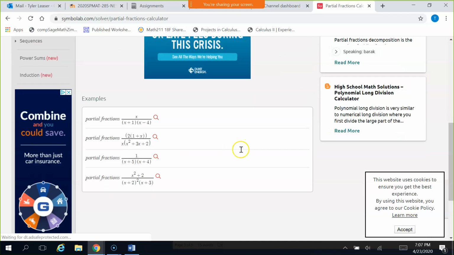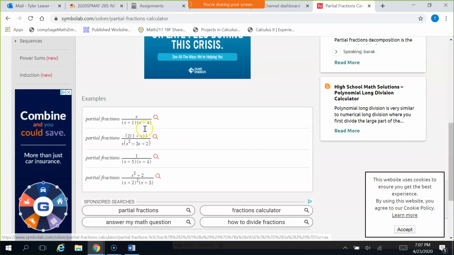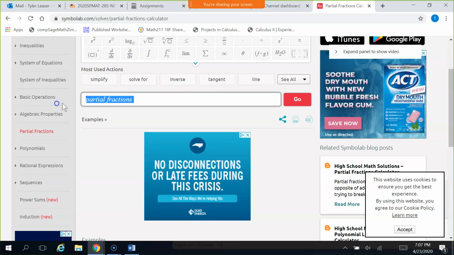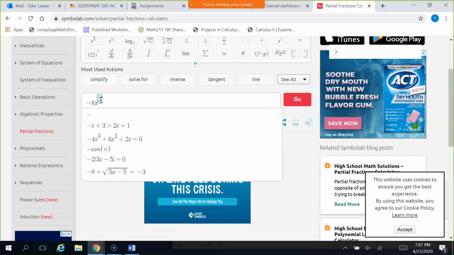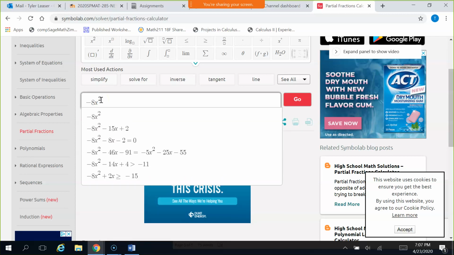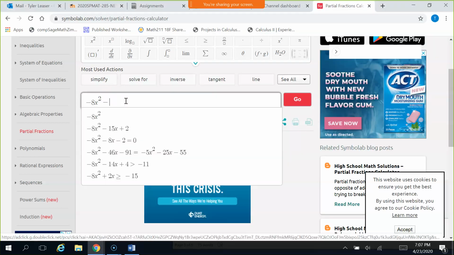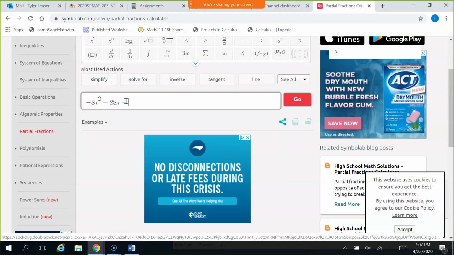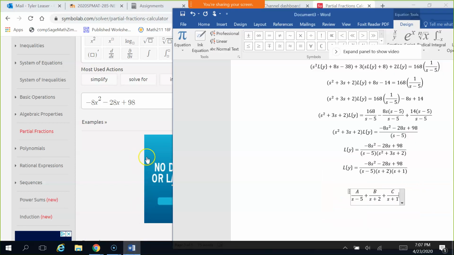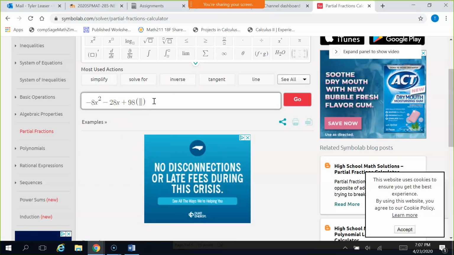Example, partial fractions. All right, let's see if it does it. Okay, so we have, what do we have? Negative 8x squared minus 28x plus 98. Okay, that all divided by, oh, jeez.